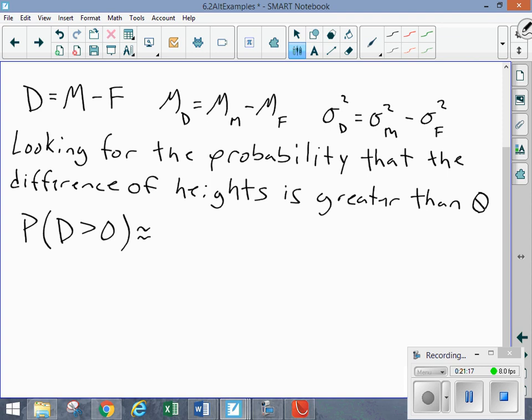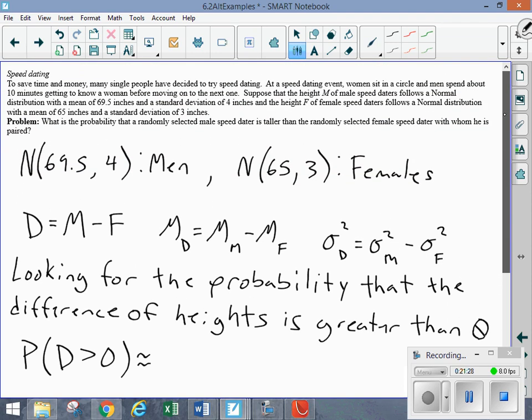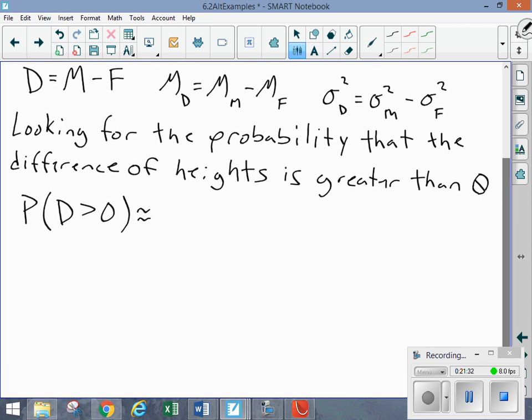D is the difference of their heights, and we defined it as male minus female, so we want that number to be positive, meaning the male height is larger.